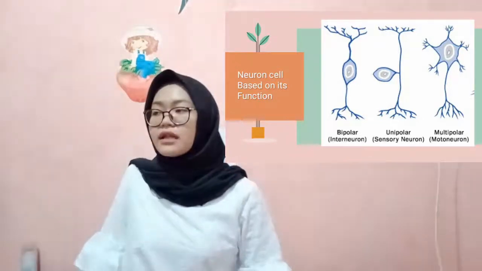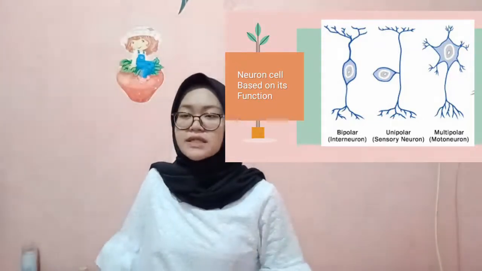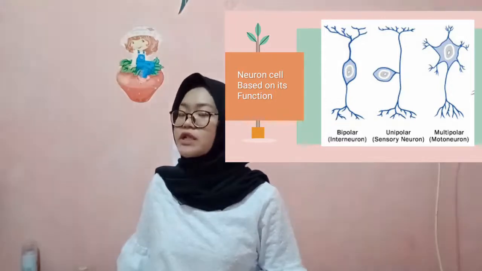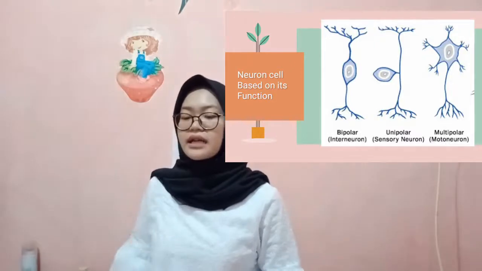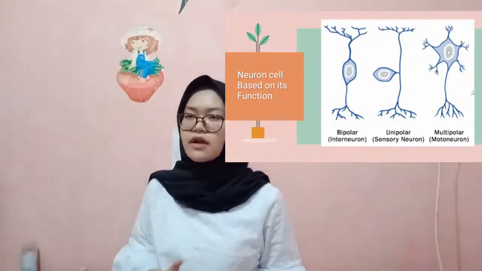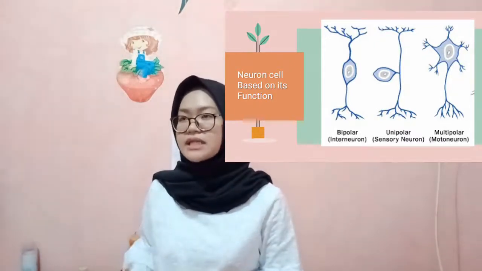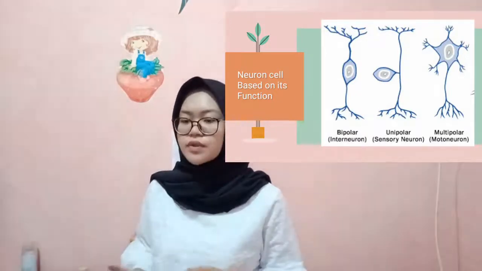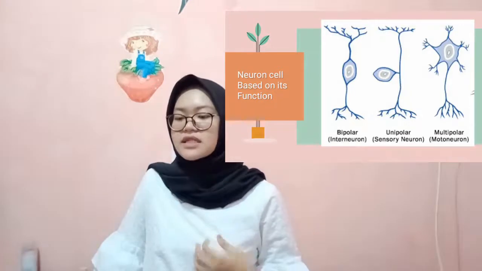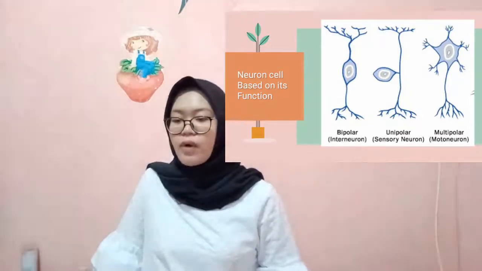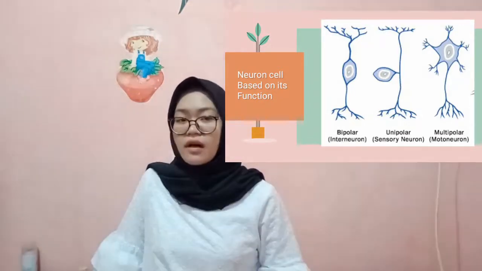Well, the sensory neurons can bring stimuli to the CNS, or central nervous system, and they have wavy cell bodies that can form ganglia, and the axon is very short while the dendrite is long.